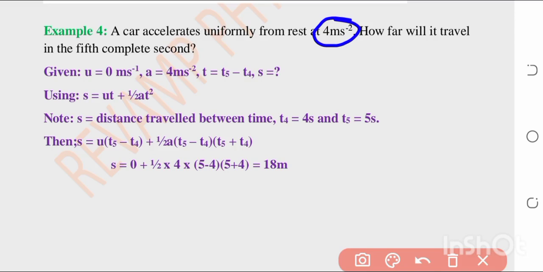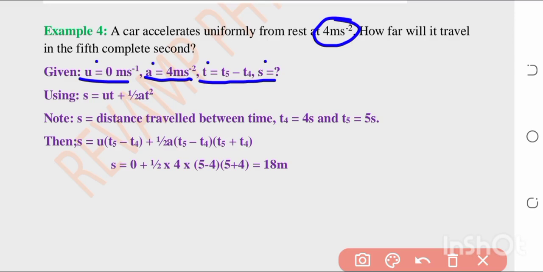So in writing out our given parameters, the journey starts from rest, so we have u equal to 0, and we have an acceleration of 4 meters per second squared, and our time this time around will be t5 minus t4, and we are looking for our distance. Now, substituting these values into this equation, we can see that from the question we have these four parameters: s, t, a, and u.